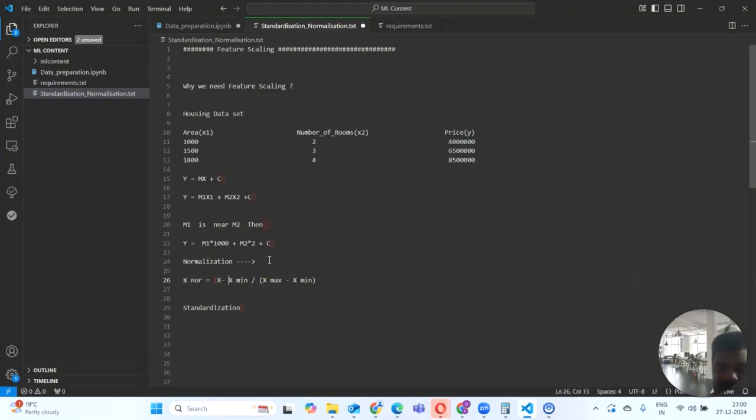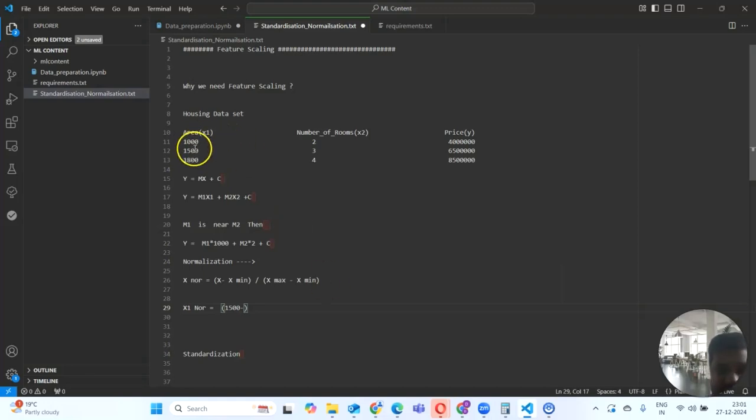So now let's make it one variable, one particular thing. Let's take 1500, this row, and if we do the normalization, what will happen? First, x1 normal will be 1500 minus x min.